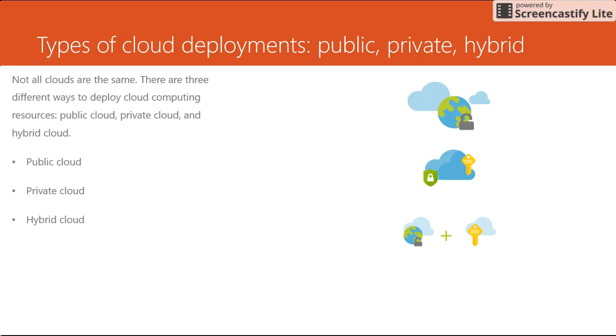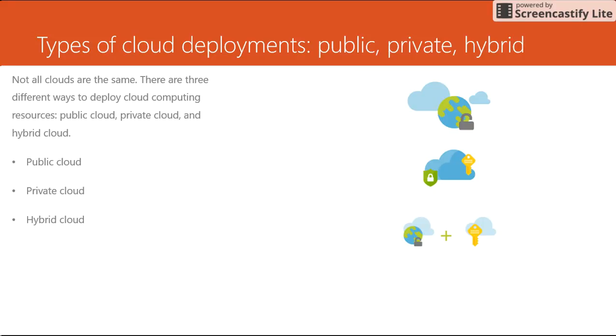It doesn't mean that if I'm saying public cloud, it is unsecure. No, it is as secure and as good as a private cloud. The security norms are followed the same on the public cloud as on the private cloud. But the public cloud is something where you are going to share. It is not dedicated. But when you are talking about the private cloud, it is dedicated.